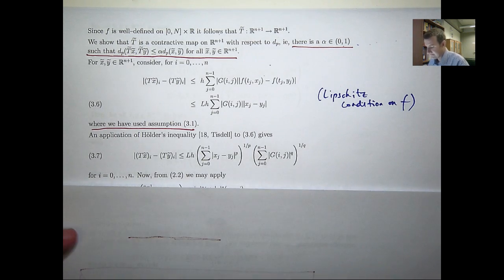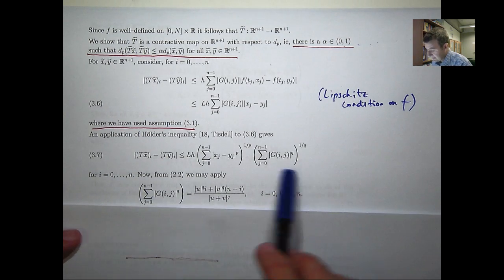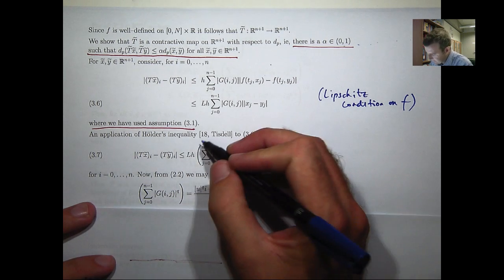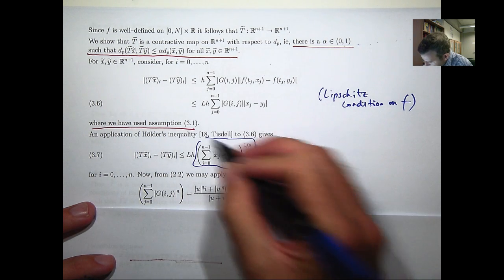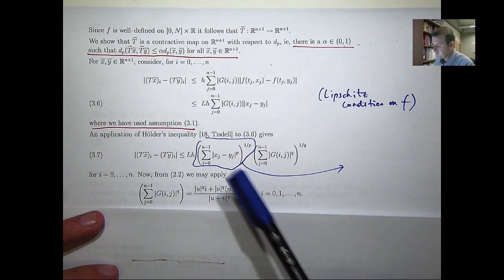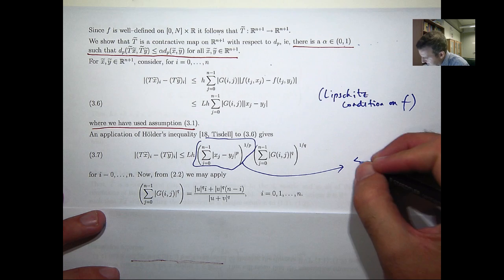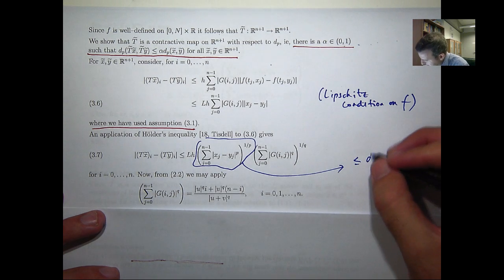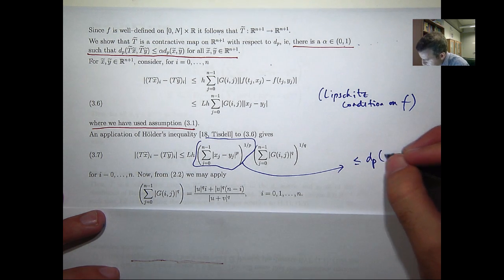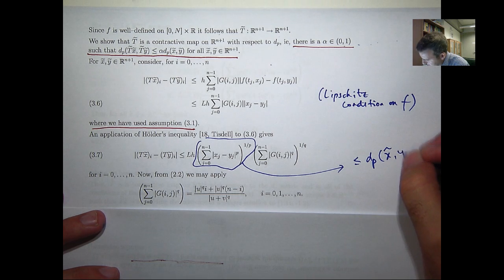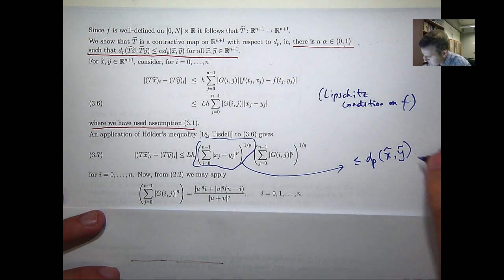Okay, well, notice here that this is almost the d sub p of x tilde, y tilde. In fact, if I had another little sum here, it would be less than or equal to the d sub p of x tilde, y tilde.